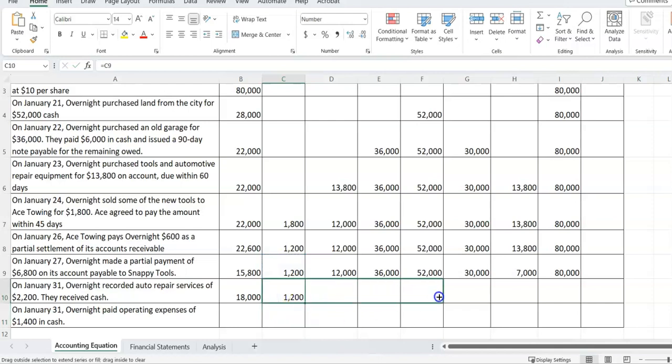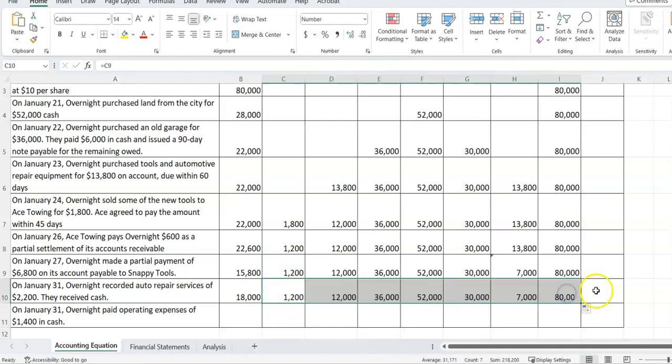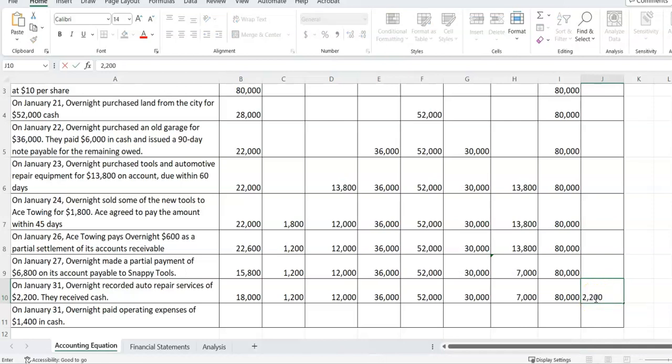And then we're going to copy all of these. So now the account that gets affected when we sell things as a company and get cash is this retained earnings account. So now we have $2,200 in revenues.